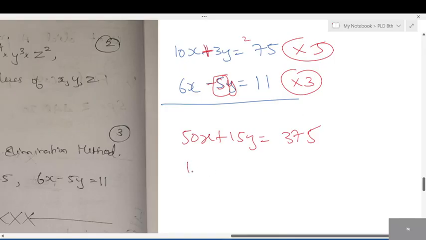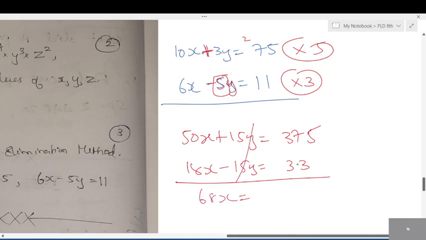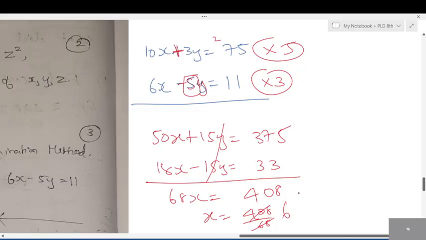Next, minus 15y is equal to 33. This gets cancelled. So what's the answer you all got? 68x is equal to 408. So what is the value? 408 divided by 68? 6 times. Correct. So x is equal to 6.